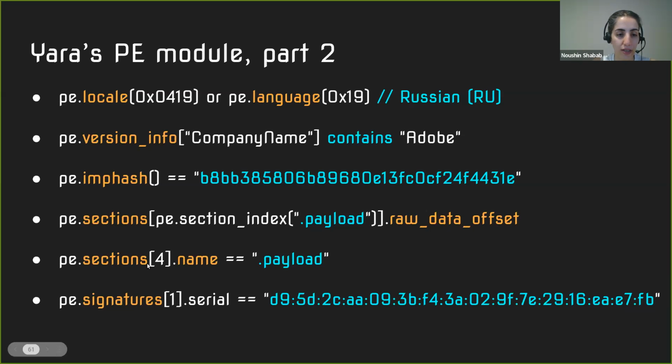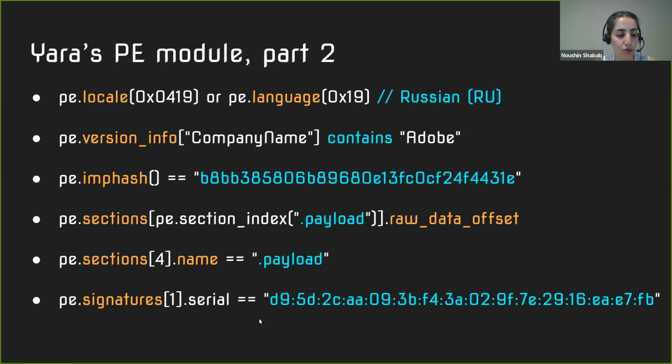Also, we have pe.sections[4].name. We want it to be .payload. So it might be the same payload section that we were trying to get the raw data offset of in the previous line.